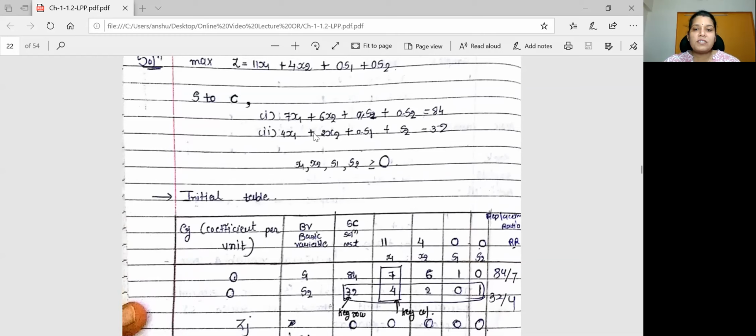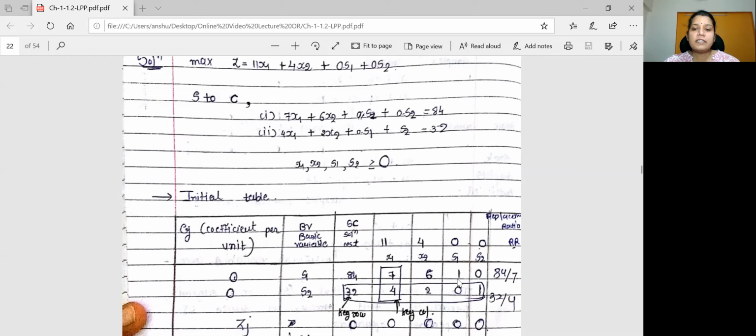So our first constraint equation is, see carefully, solution constant. That means our first equation's slack variable is s1 and the second equation's slack variable is s2, so we write s1, s2. Is that clear? In the first equation we write the SC, solution constant, according to our constraint right-side values 84 and 32.